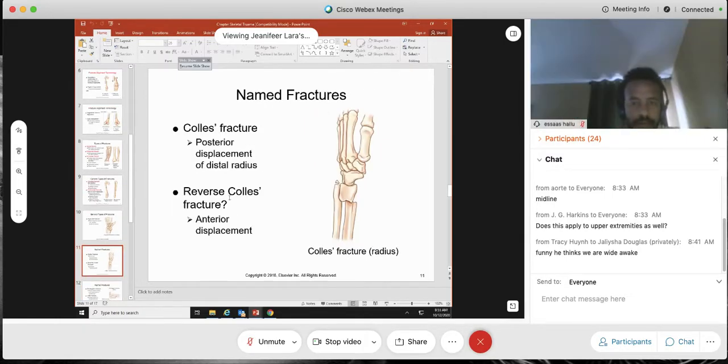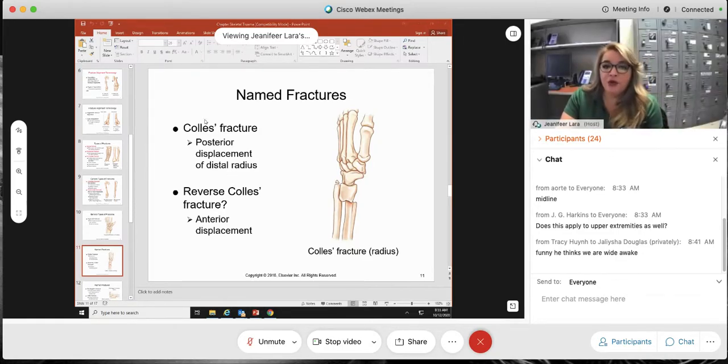Good. Now, here you have the names, and these are specific. You will never have a Colles fracture anywhere other than the radius. Just won't. The Colles fracture specifically involves the radius. However, we have a reverse Colles.